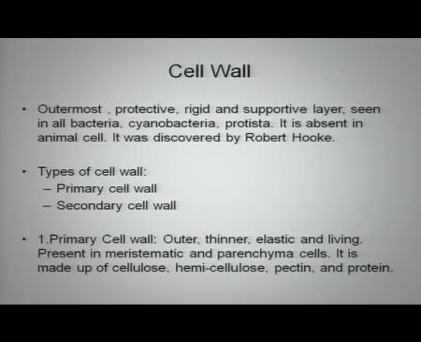Types of cell wall: there are primary cell wall and secondary cell wall. Coming to the primary cell wall, it is outer and thinner, elastic and living, present in the meristematic cells and parenchyma cells. It is made up of cellulose, hemicellulose, pectin and protein.